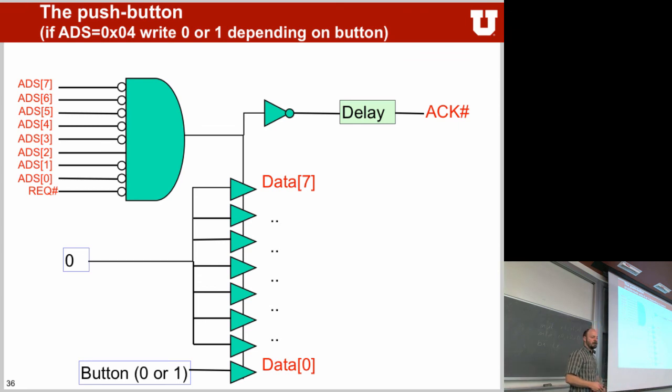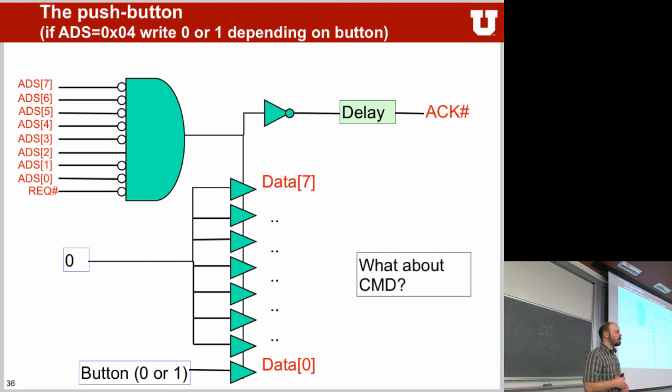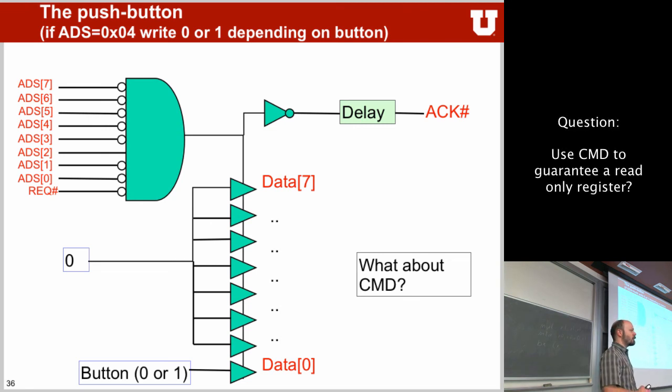What about the command? Whether it's reading or writing, is that what you're saying? Mm-hmm. So this particular register is a read-only register. You cannot write into it. So you have to make sure somehow that the command will never activate these if it's an actual write to this address.